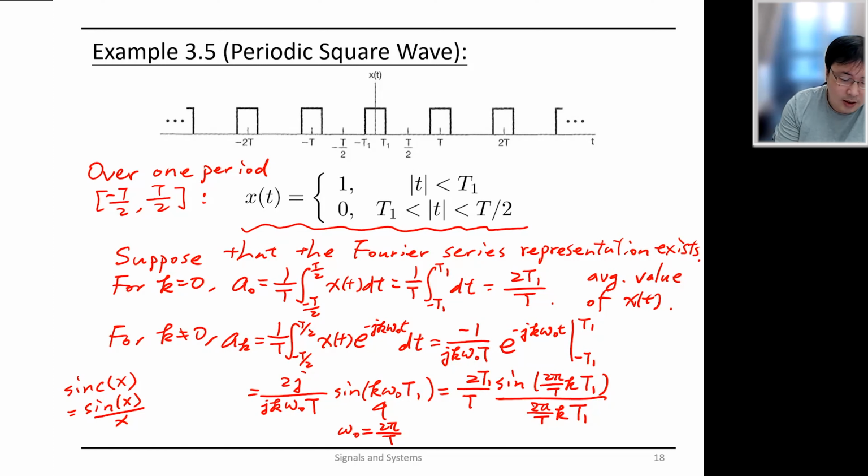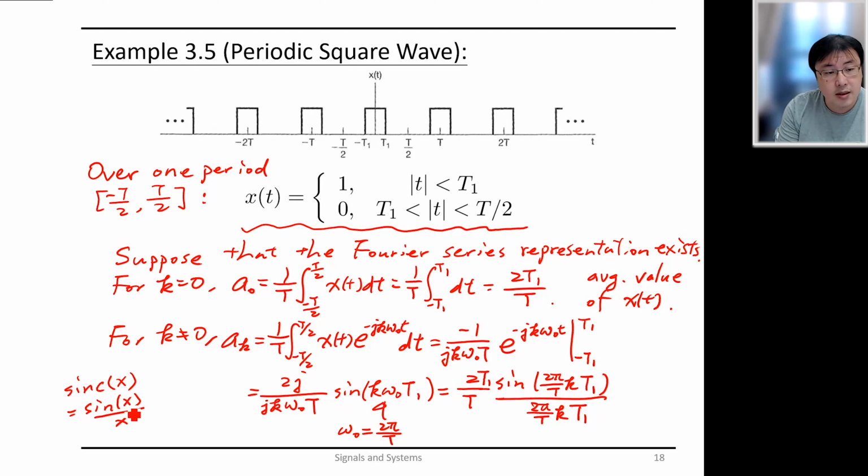So if x is at integer multiples of pi, then sine is equal to 0, except for the case where x is 0.